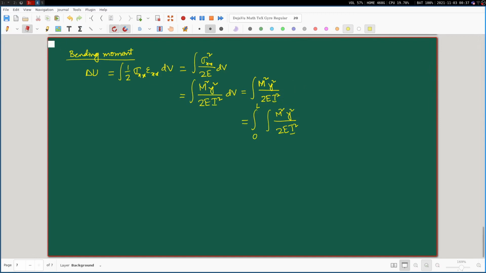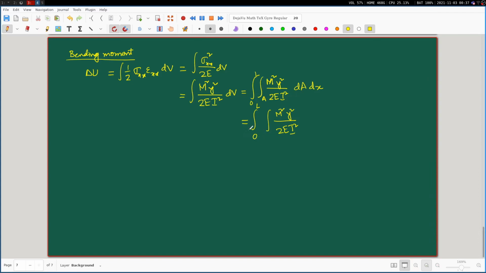This thing, I want to write this as dA dx, because in this part only I want to decompose that integration. So this is over the entire area, this is over the length. Okay, so now I'm all right.